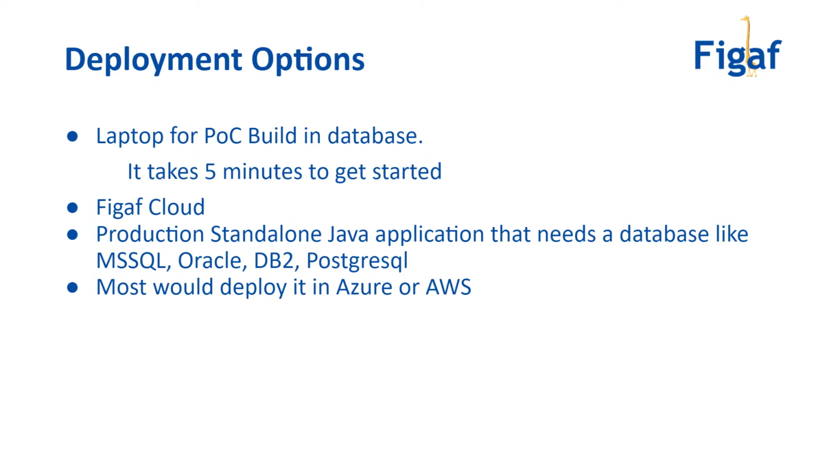Deployment options, you can run it on a laptop, and it is pretty simple to start. It takes like 5 minutes to install it, which is actually just a jar you need to start up. Then you'll connect it to the CPI system as an agent, and you can then decide whether or not you want to create all the other things, landscapes and stuff like that as a part of this.